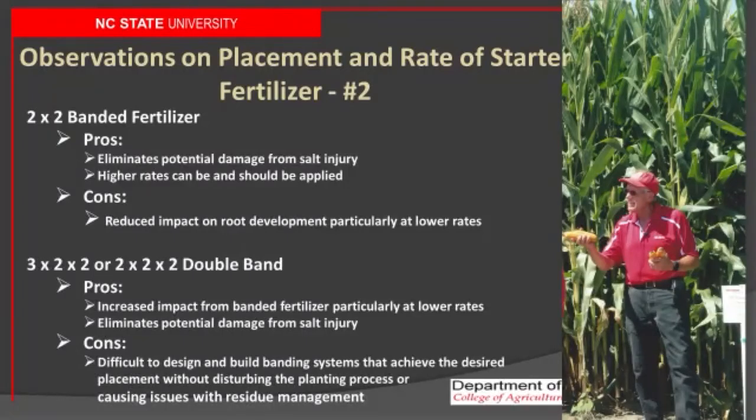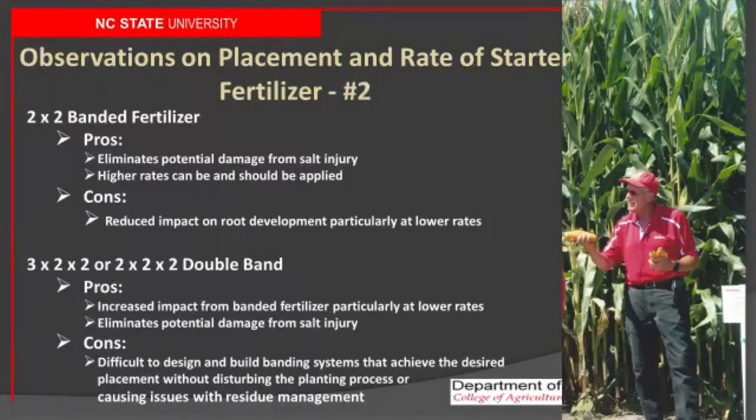2x2 band. Pros: it eliminates that salt injury. Yes, I can still get high enough rates of nitrogen and potassium, or even go with higher rates of, say, sulfur. So I can still do that, but it's going to take a higher rate to achieve that. And higher rates can be and should be applied if you go to a 2x2 band. Many people have asked me, well, I use 10 gallons.